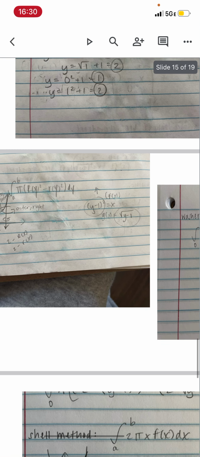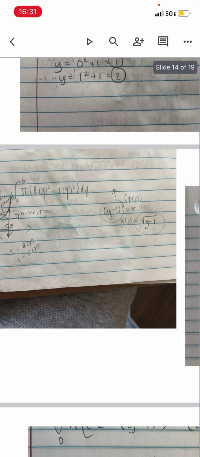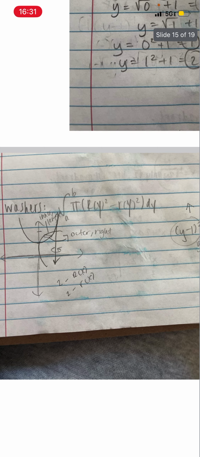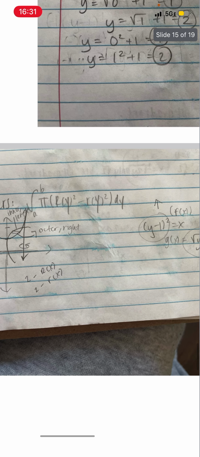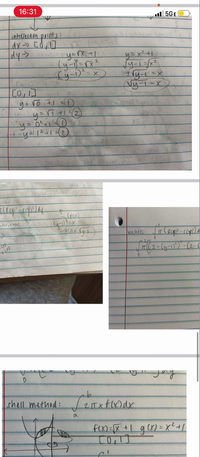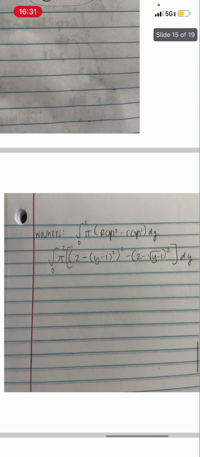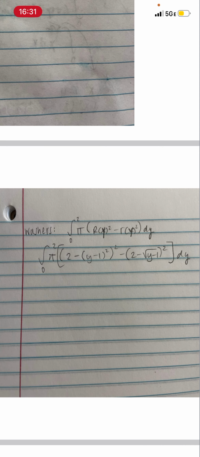And so, just writing these equations from below, these are our equations in terms of y, because we have to use horizontal slices, therefore it has to be in terms of y. This is just written down of what I just said.